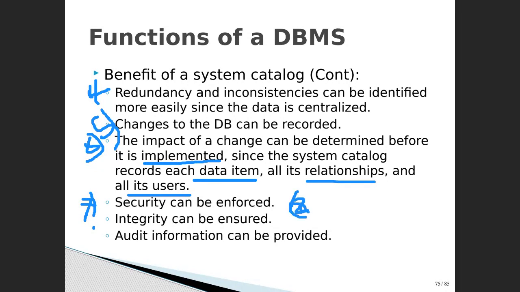And number nine, auditing will be allowed over the information or can be provided. So these are the 9 main benefits of why we need to have a system catalog as a fundamental component of the database management system.